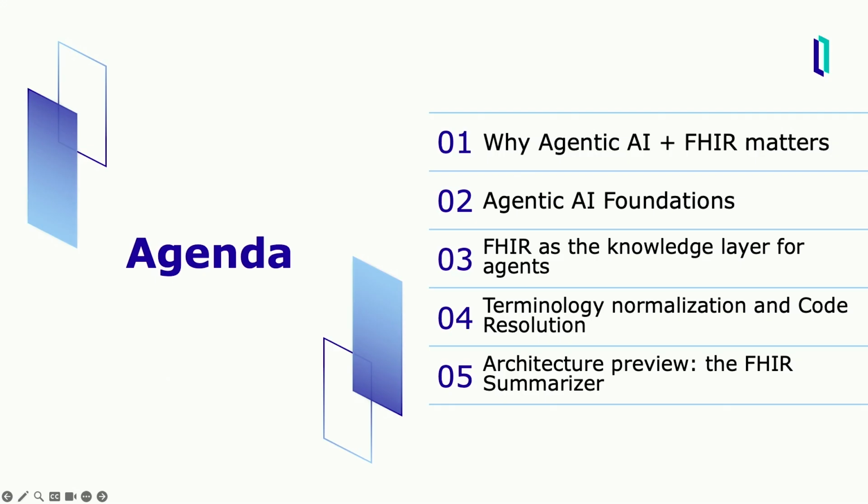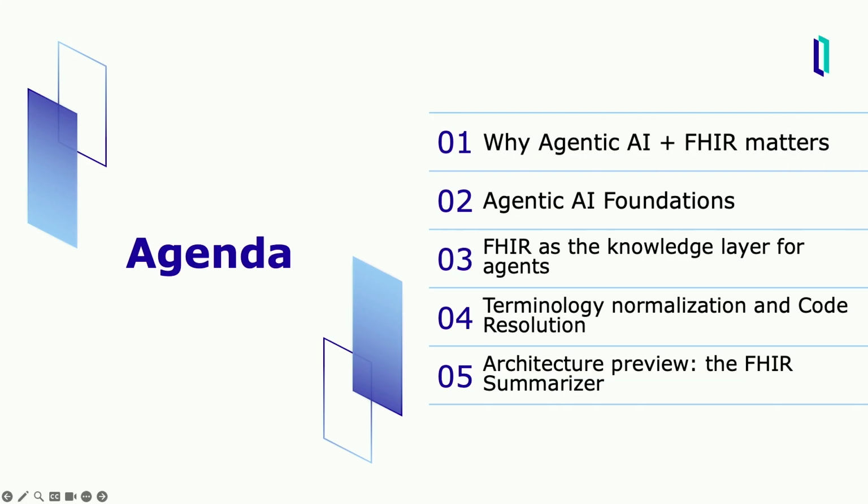In the second half, we're going to shift from architecture to execution. I'm going to walk you through tools that this agent uses against a real FHIR repository, an Iris for Health FHIR repository in the Iris Community Edition.